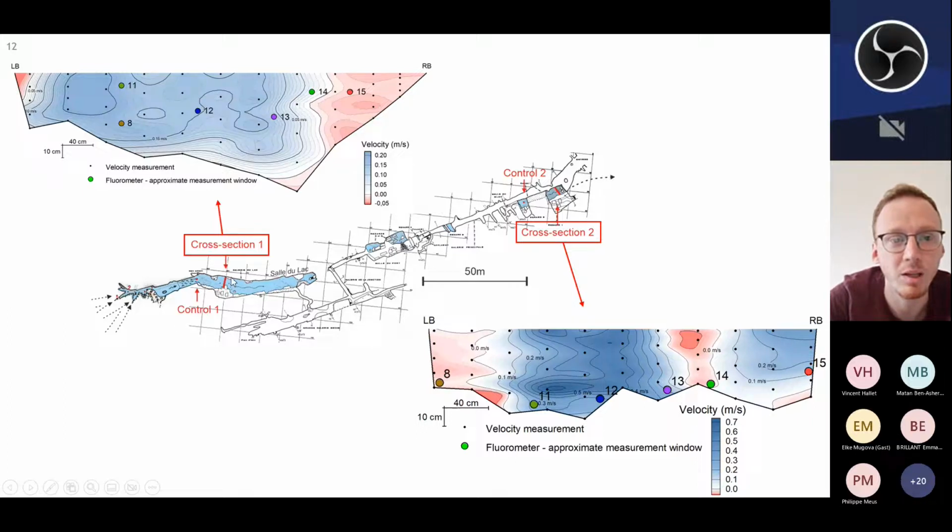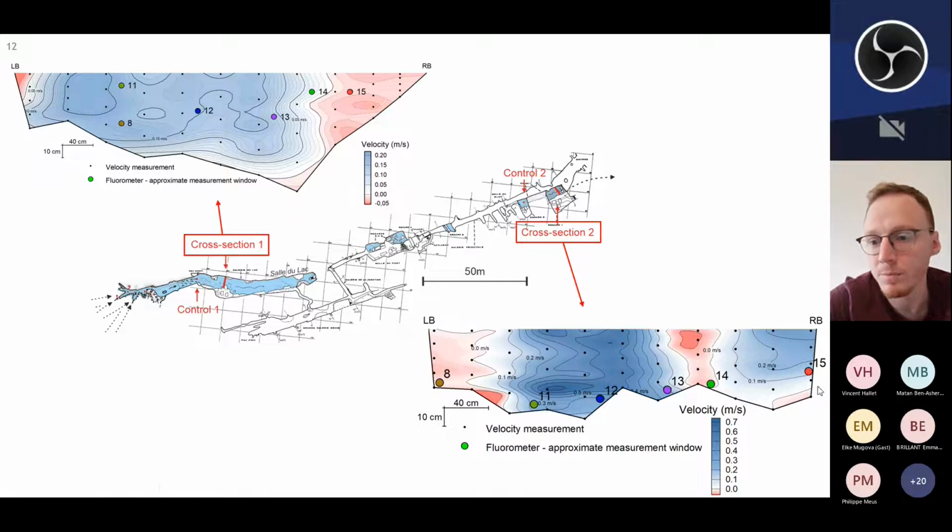You see for the cross-section 1, we are going from minus 0.05 meters per second to almost 0.25 meters per second. Minus is, of course, current that is backward. So the current is going upstream. So you can see the velocity for the cross-section 1 is not so high, and we have some zones of negative velocity.